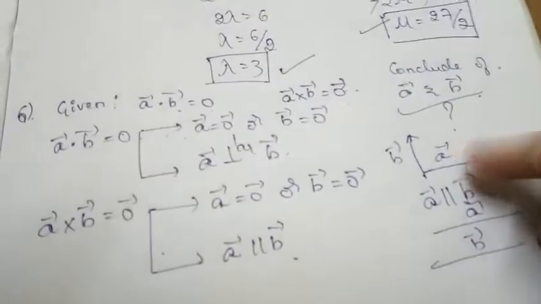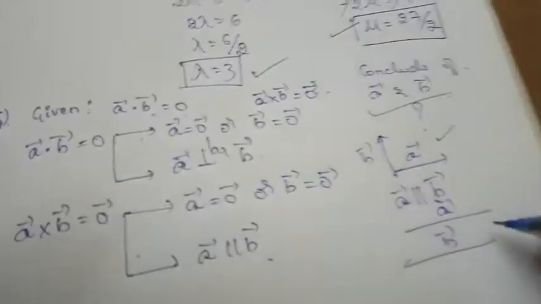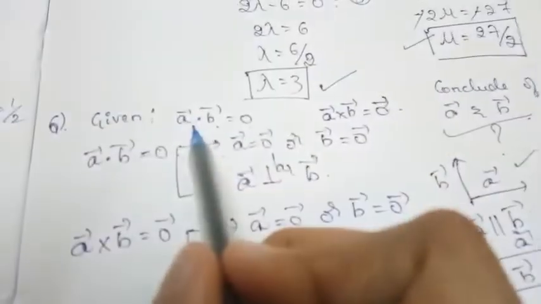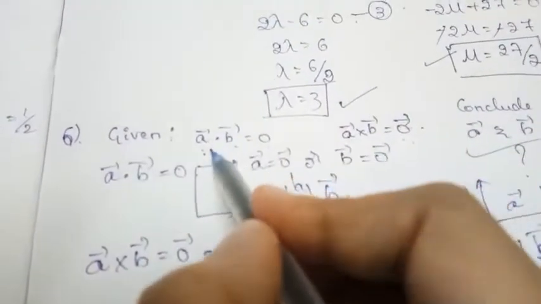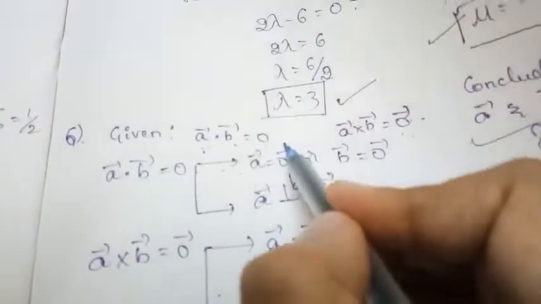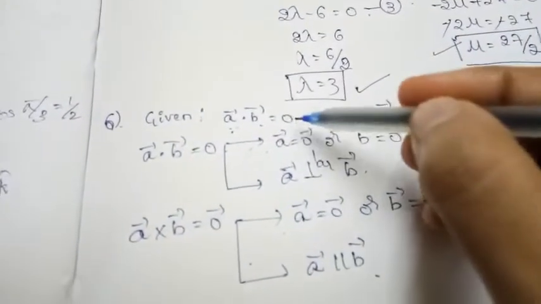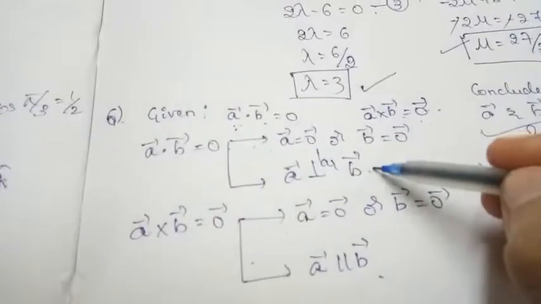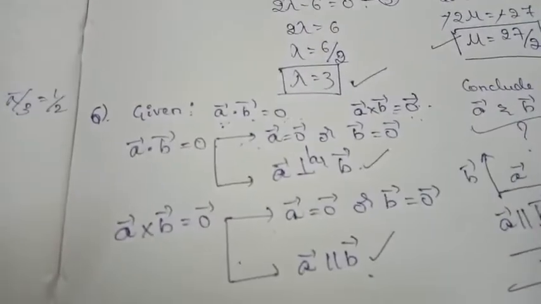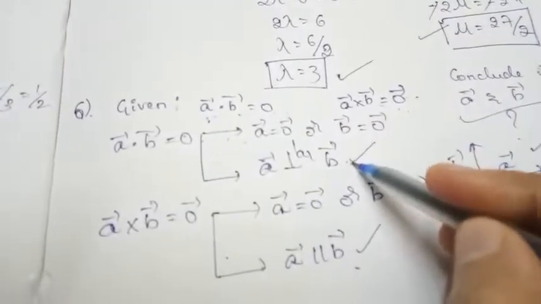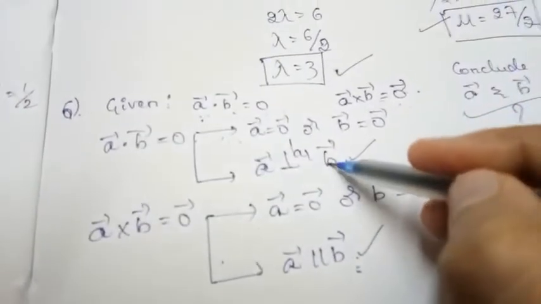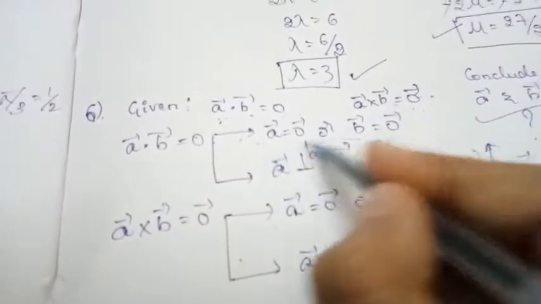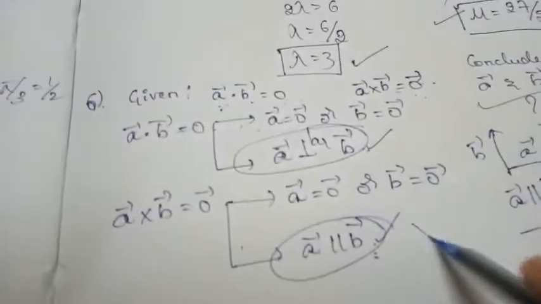A vector cannot be perpendicular as well as parallel simultaneously, because they have given that vector A cross vector B is equal to the 0 vector and the dot product of the same two vectors is 0. So to satisfy this, these two things simultaneously is not at all possible. If it is perpendicular, then it cannot be parallel. If it is parallel, then it cannot be perpendicular.